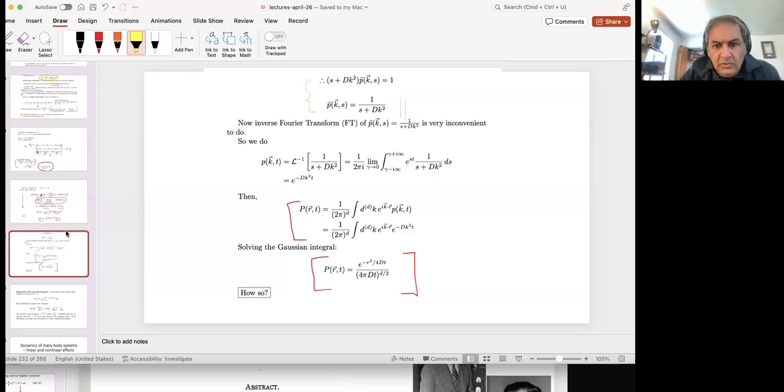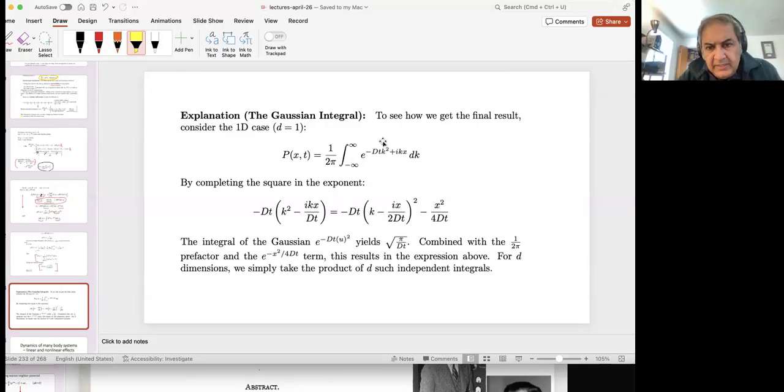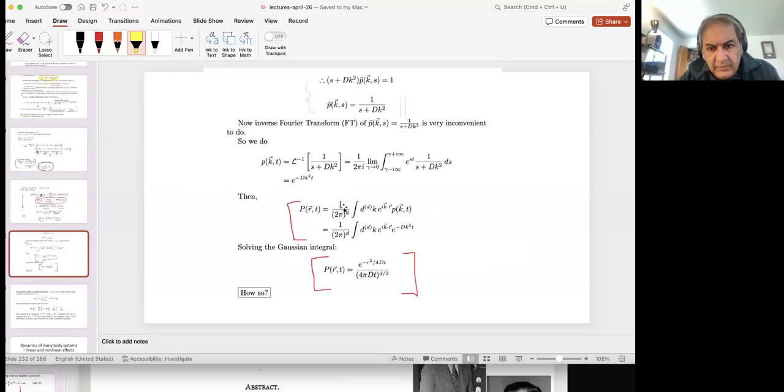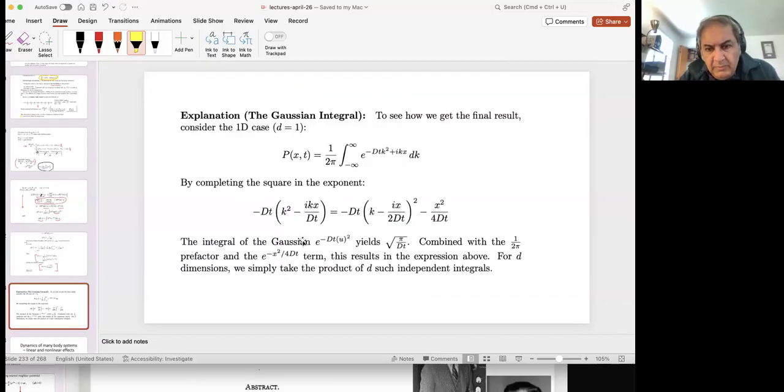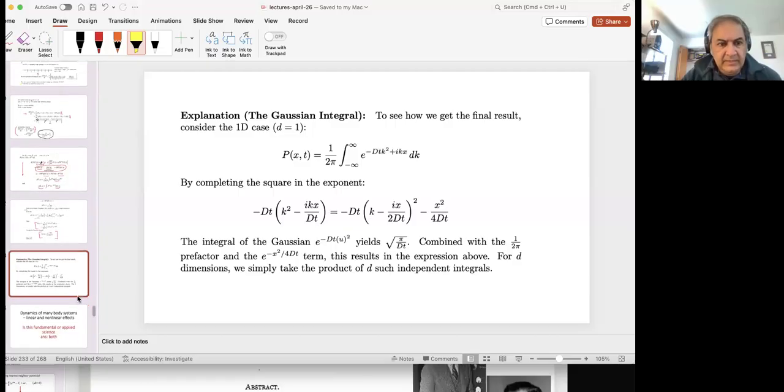It's minus d t squared plus i k x. You're exactly doing this calculation for d equal to 1. In doing so, the problem boils down to completing the square in the argument of the exponential. The moment you do it, you immediately get the Gaussian integral solved. So it is quite straightforward and it can be done.